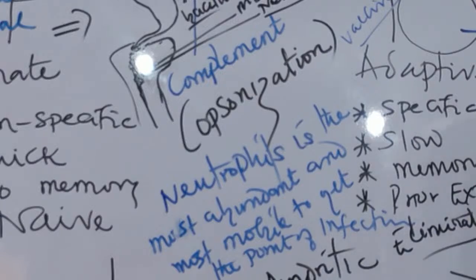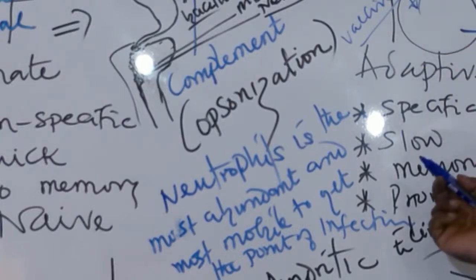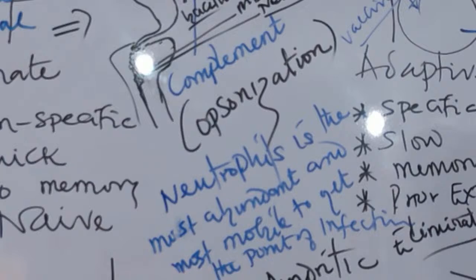If you do not understand how the immune system works, at the end of the day, you might not be able to produce a good vaccine, because a good vaccine should be able to trigger antibody, that is, should be able to trigger the adaptive immune system.